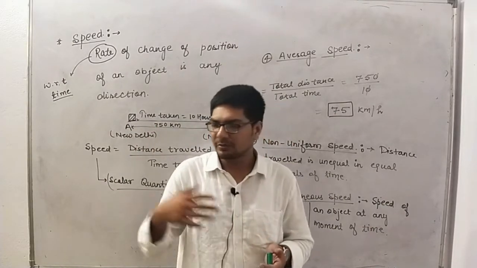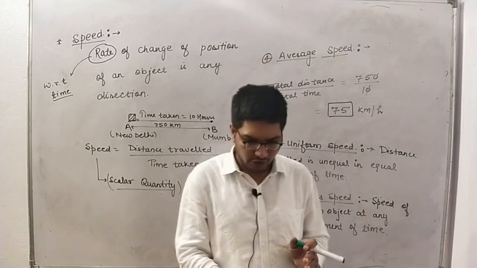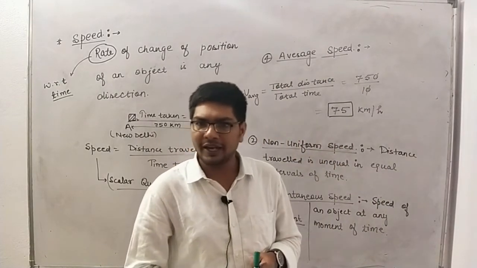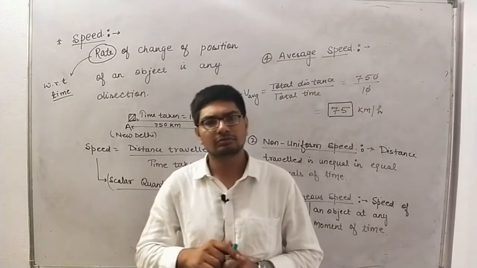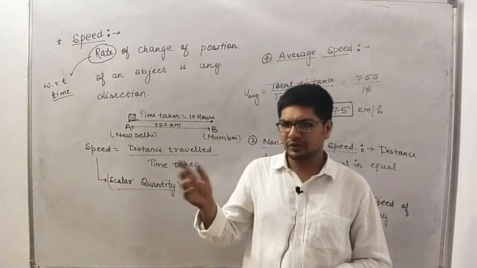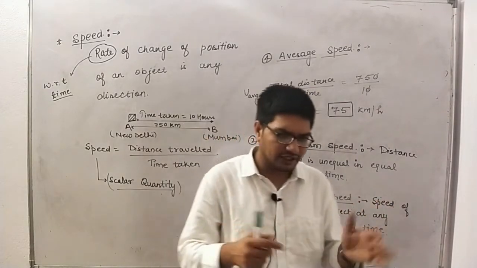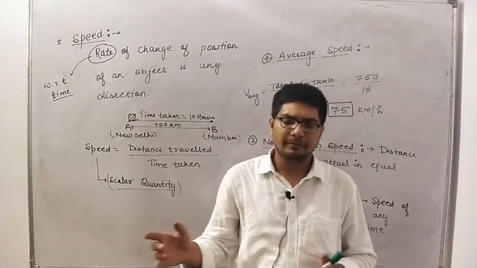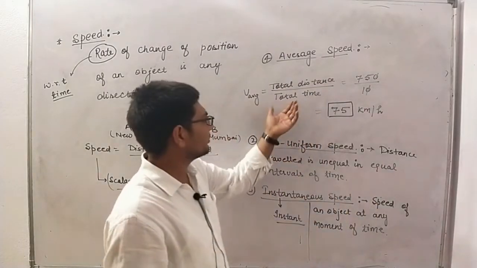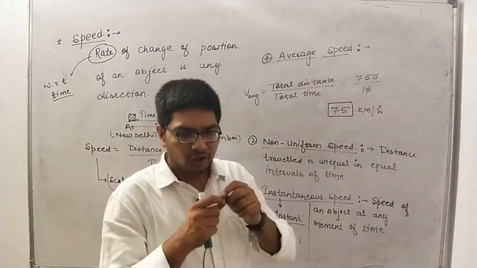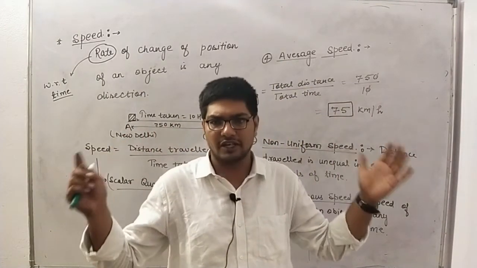of time, suppose that when you enter any toll plaza, what do you have to do? You will have to put on brakes. When you put on brakes, your speed will become 0, it will become 10, it will become 20. So the speed of the vehicle is just varying from 0 to 120, but on an average the speed of the vehicle is 75 kilometer per hour. So average speed is the speed during the whole journey.